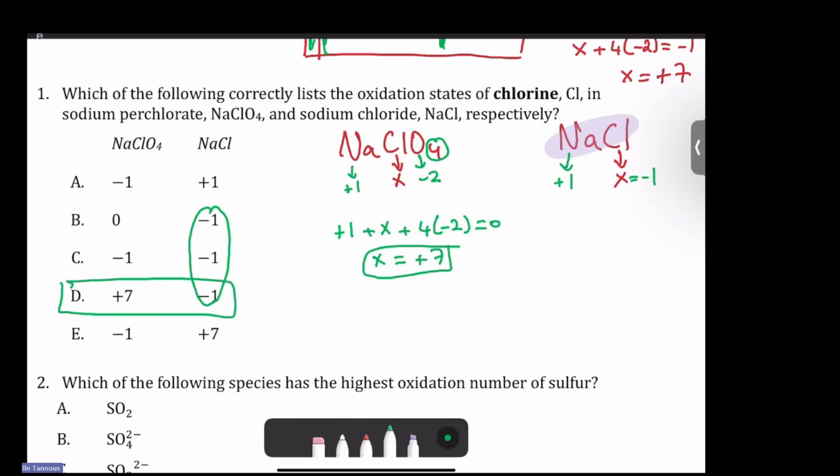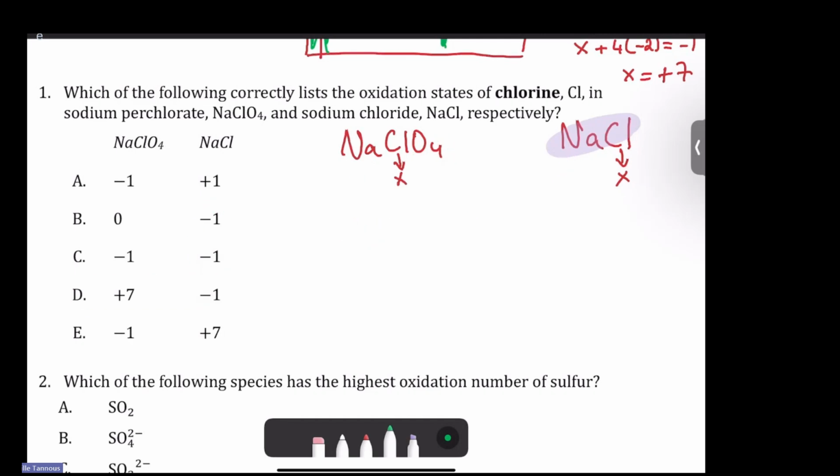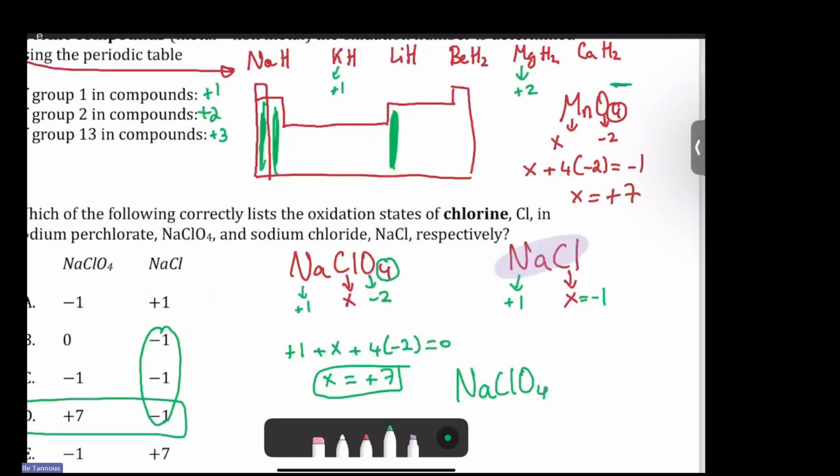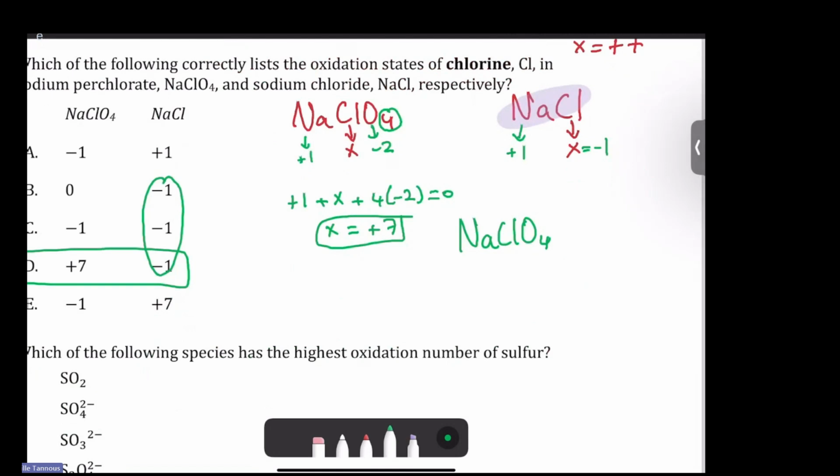We said 0 because there is no ion in the compound, right? Yes, this is 0. NaClO4 is neutral, nothing is written. For example, MnO4 here has a minus, here you don't have a minus, so it is equal to 0.